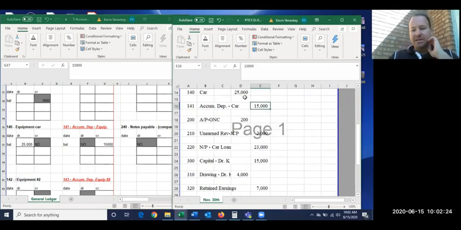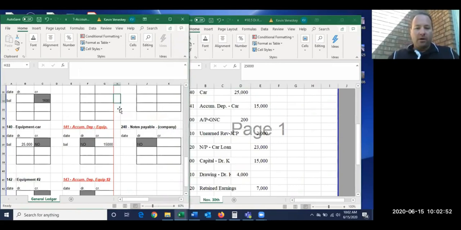So what that tells me, even without looking at the actual instructions, is that this is probably done on a 5-year basis, $5,000 every year, and that we've had the car for 3 years. 5 and 5 and 5 would be 15. That could be different, but that would be the most reasonable explanation. But we'll know for sure once we get into the word problem.